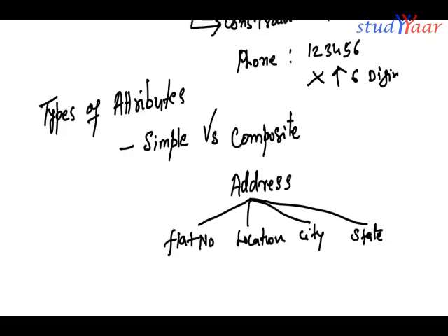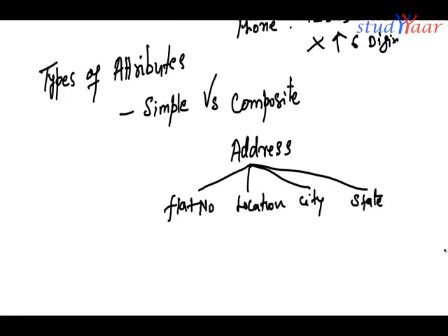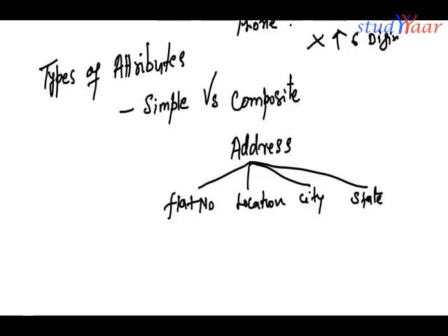Such attributes which themselves can be bifurcated into other, simpler attributes are called composite attributes. So address is a composite attribute and a flat number is a simple attribute.